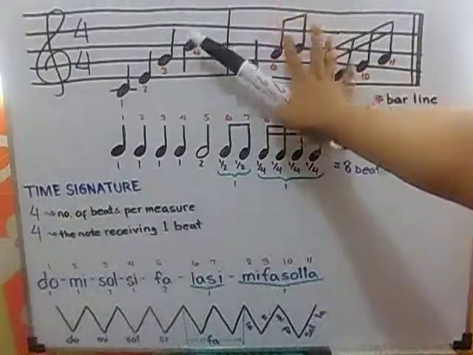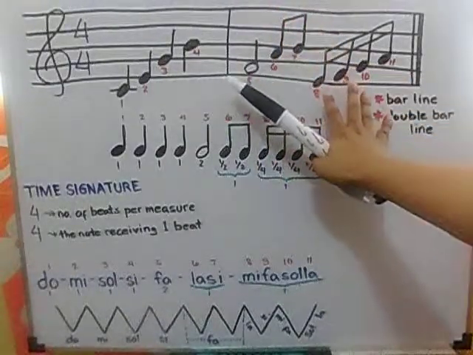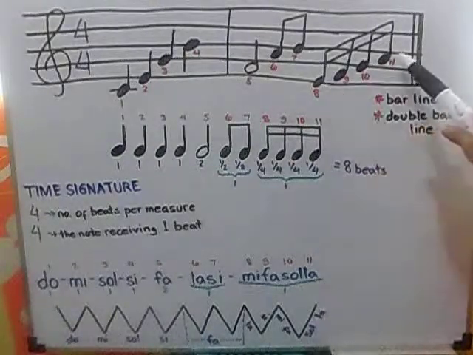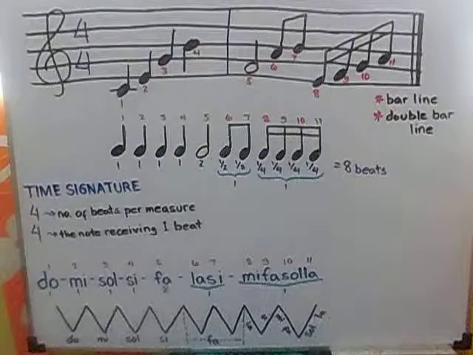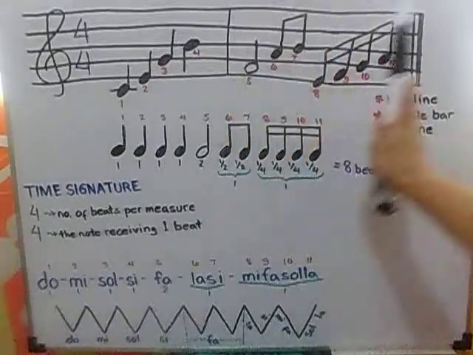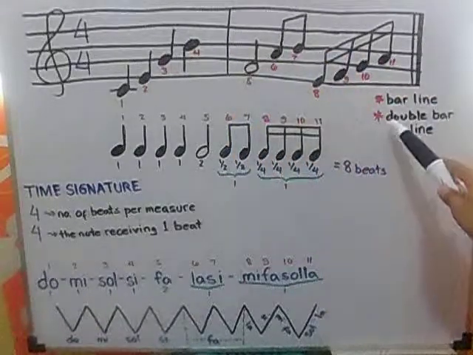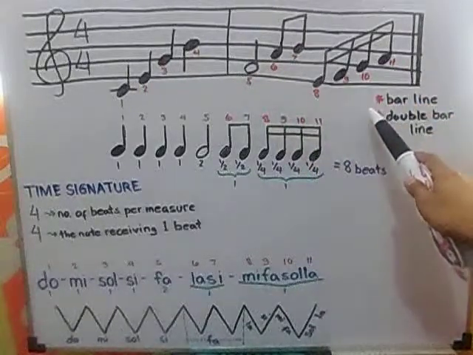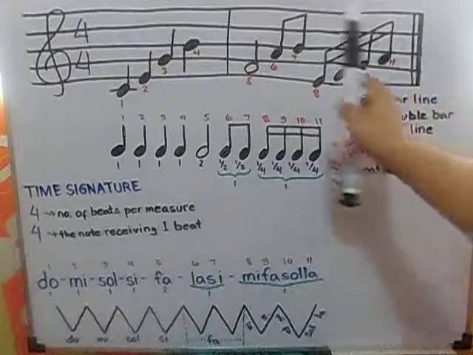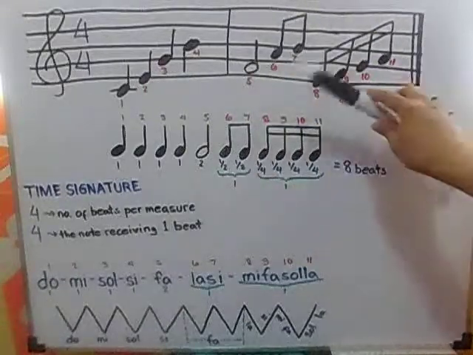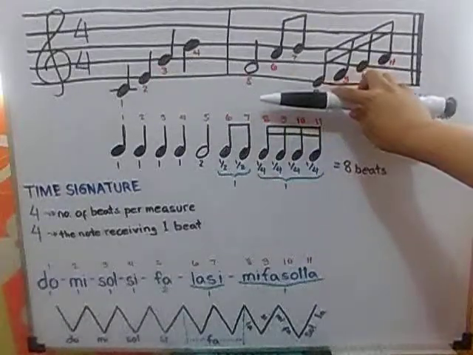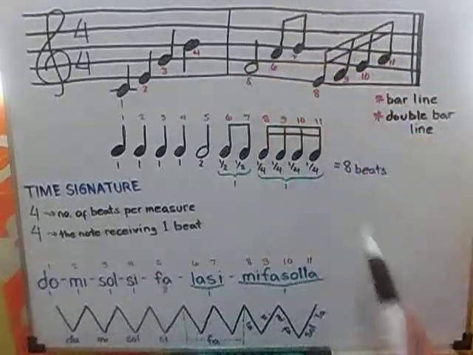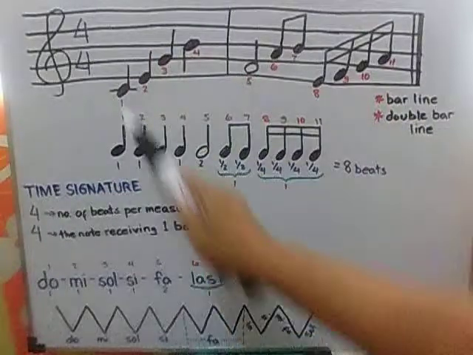And lastly, the 4 16th notes are also equivalent to a quarter note. Therefore, this measure has an equivalent of 4 quarter notes and 4 beats, so it still complies with our time signature 4/4.